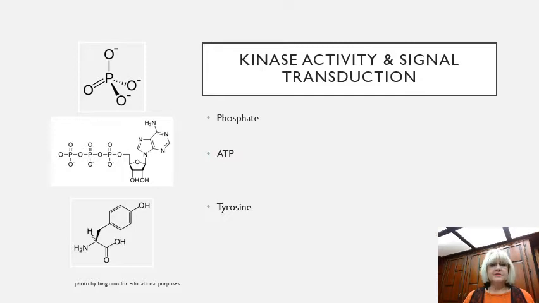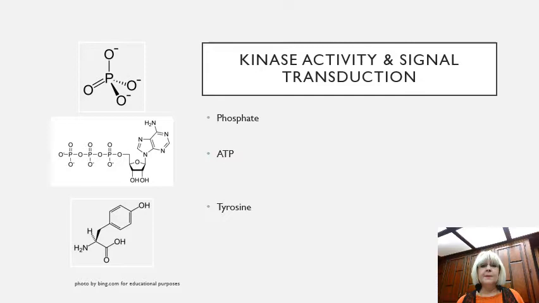Okay, when you look at the slide, the top one is your phosphate, the middle is your ATP, and the bottom is your tyrosine. So in biochemistry, a kinase is a type of enzyme that transfers phosphate groups from high-energy donor molecules such as ATP to specific target molecules, which are substrates, and the process is termed phosphorylation.